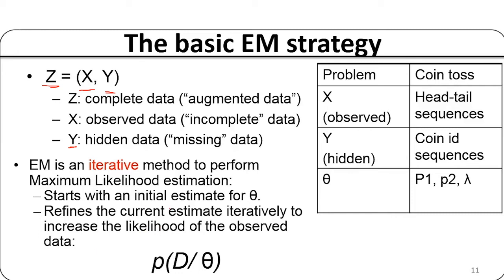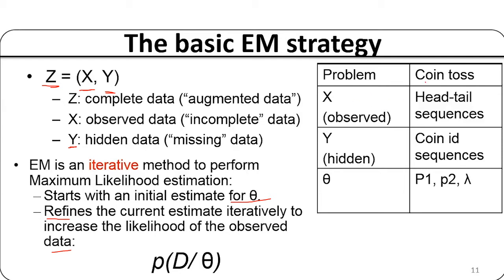We start with an initial estimate value for theta, and then we refine the parameters, the current estimates, iteratively to increase the likelihood of the observed data. Whatever initial parameters you have selected, this is repeated until we find the proper probability value for the given sequence.